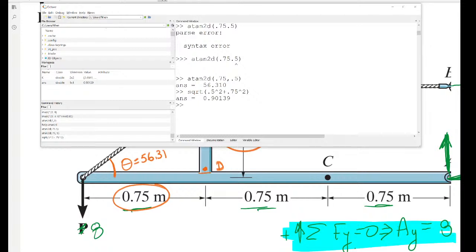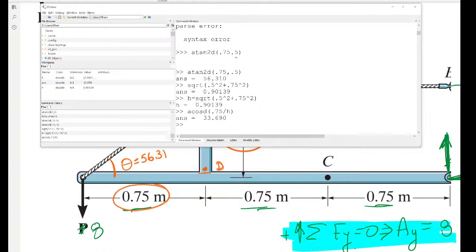Now what I'm going to do, just going to list it as h, and then I'm going to do arc cosine in degrees of 0.75 over h. Uh-oh. I knew that didn't seem right.